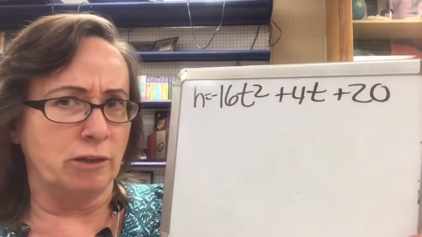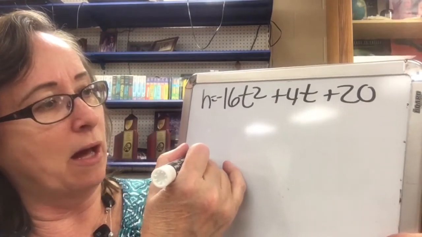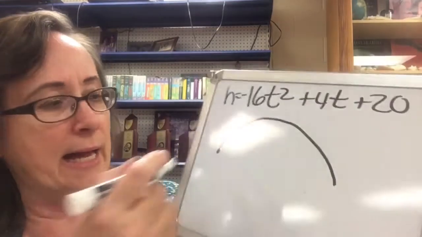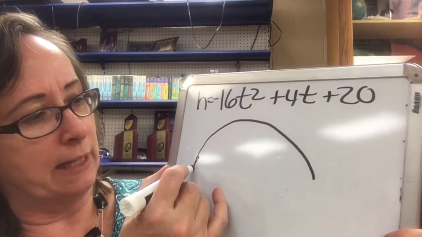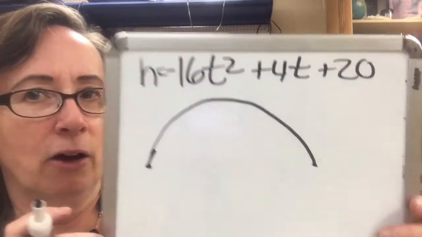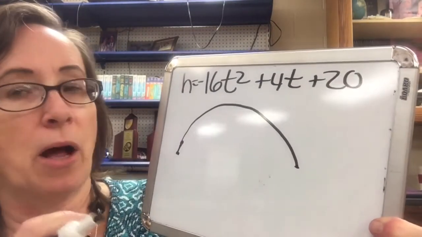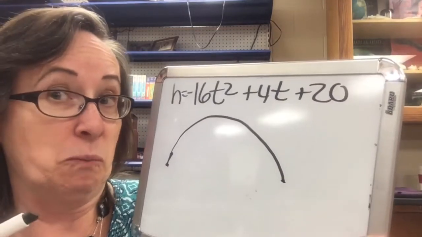Now let me just show you a little bit about these equations. When the ball is released, it's going to go in an upside down parabola shape. So here the ball is released, and it's going to go this way. Now, with that being said, will the ball possibly be at 8 feet twice? We don't know.